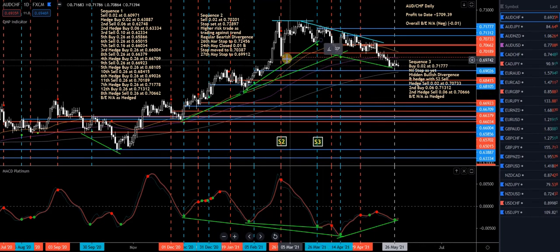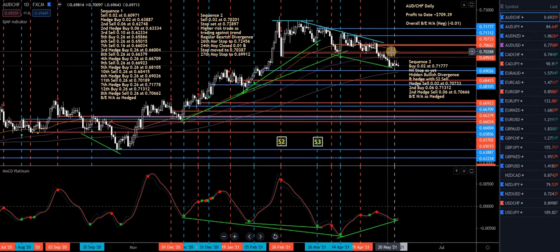So this sequence 2 was a sell in here, along this line. It took a while for it to come down. Eventually closed half, and my stop is now down here for that sequence 2.